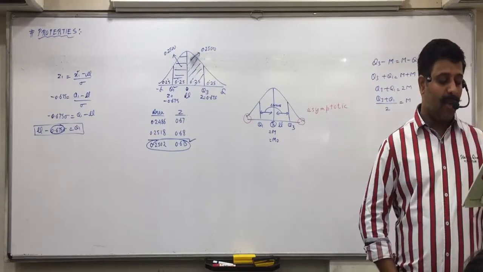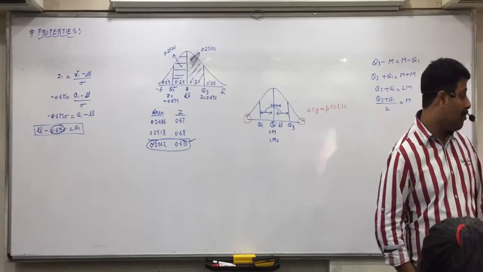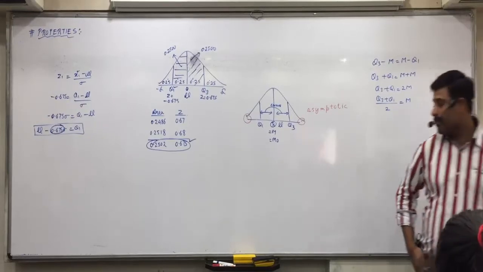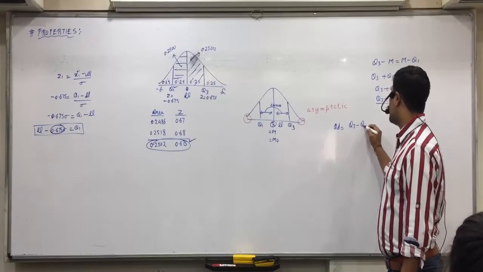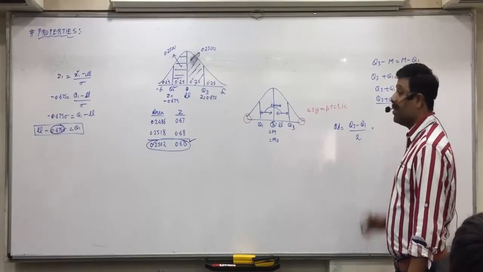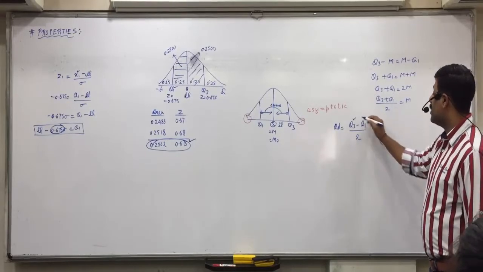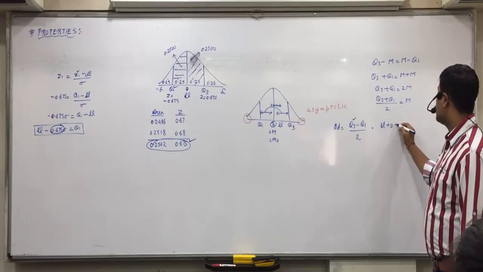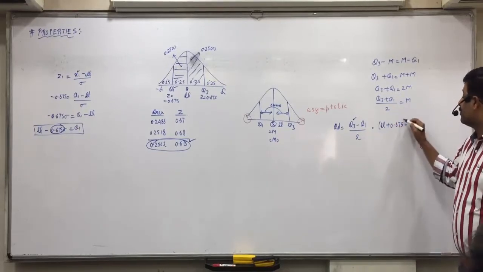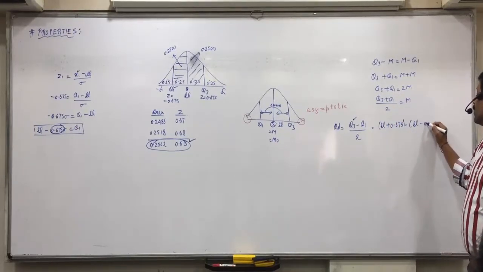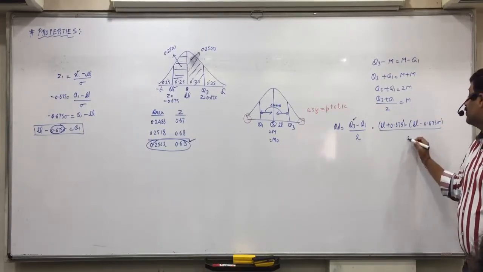Got it? Ninth, for this distribution, quartile deviation equals 2 by 3 sigma approximately. See here, quartile deviation is Q3 minus Q1 upon 2. Last year we studied this formula. Now just now we discussed Q3 is mu plus 0.675 sigma minus Q1 is mu minus 0.675 sigma upon 2.